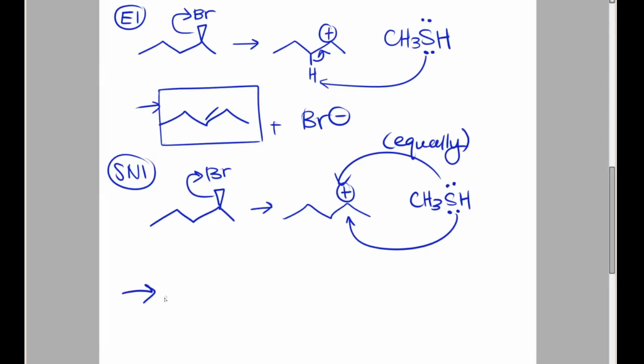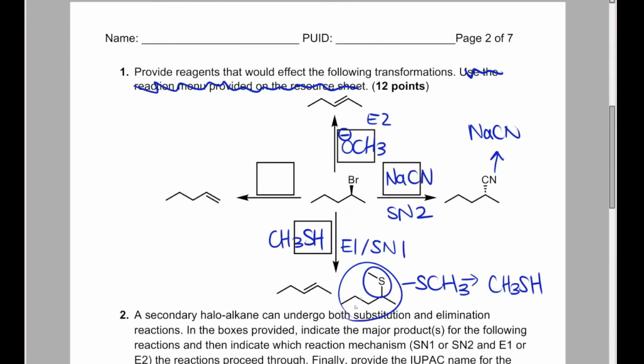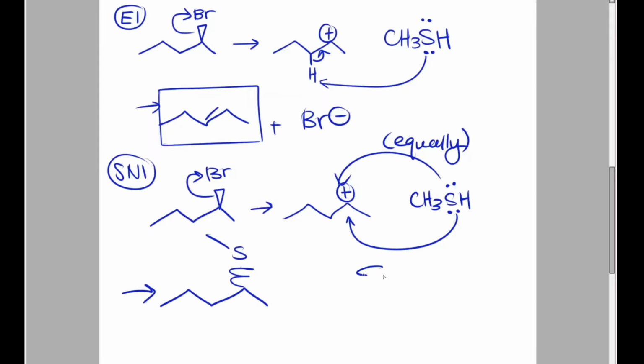And we're just going to get something where it's going to be scrambled. It's not really shown here. We're only shown this single line instead of both the wedges and the dashes. I guess they did that to make it simple so that you can identify it as an SN1 reaction.